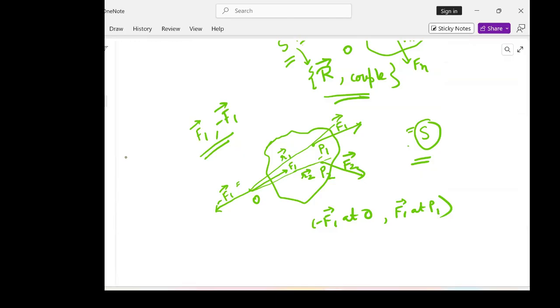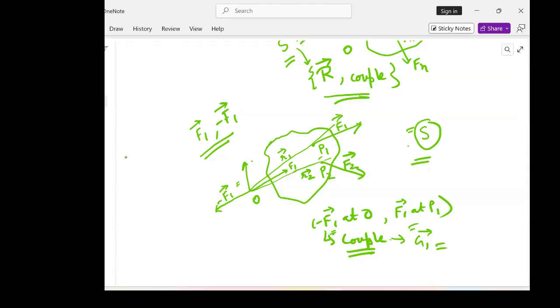So they will now constitute a couple whose axis will be passing through O. Suppose this is the axis. So we are getting a couple formed by the forces minus F1 at O and F1 at P1. Let the moment of this couple be denoted by G1.